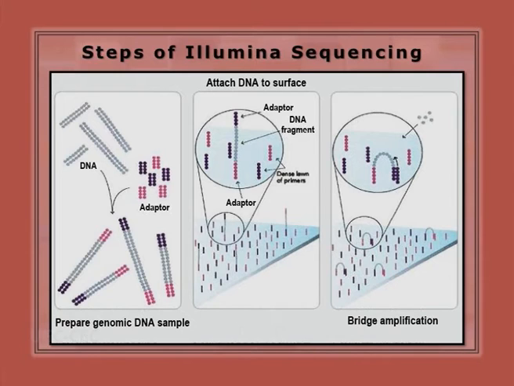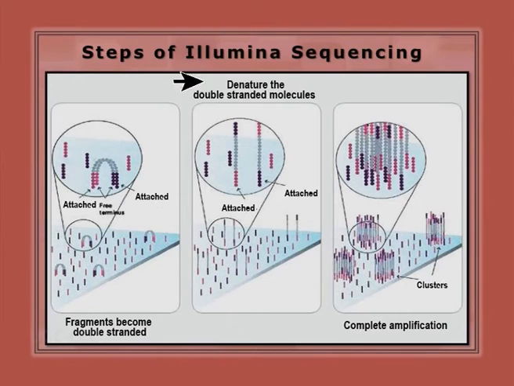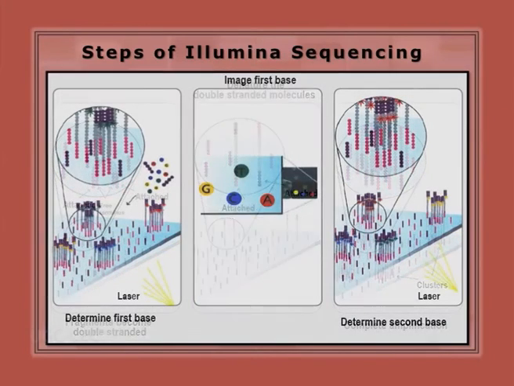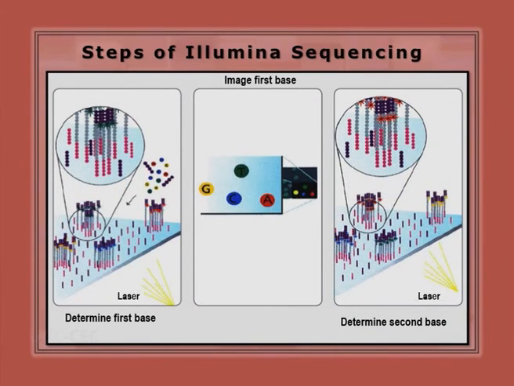It means the two ends of the DNA are added to the adapters and PCR amplification is done. The fragments become double-stranded and we denature the double-stranded molecules. Then finally complete amplification is done, and we determine the bases, images of the bases are taken, and then the second base is determined.